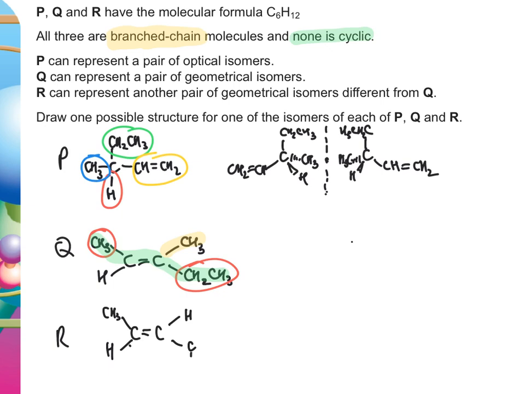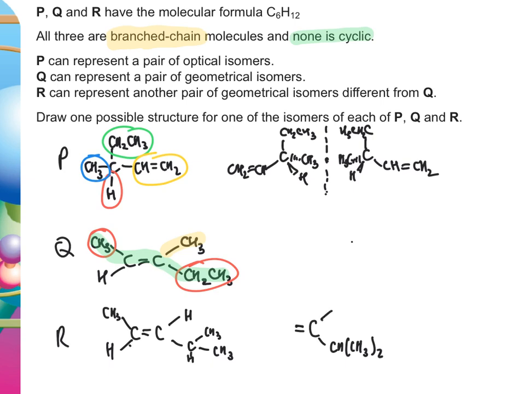So I can have 2 methyl groups attached like that, you see. So I would represent that, just to be clear, I would write that as CH3 2. Okay, that's what we've got here.